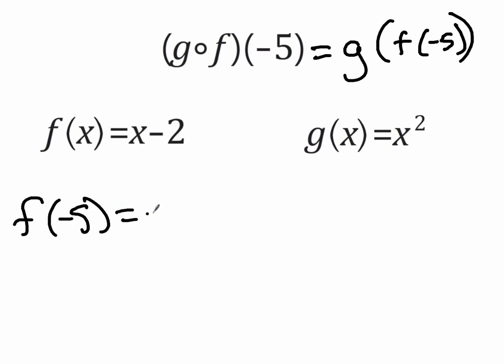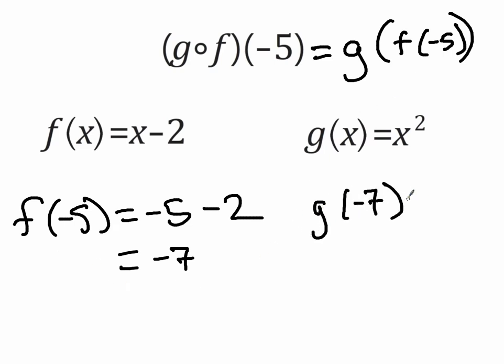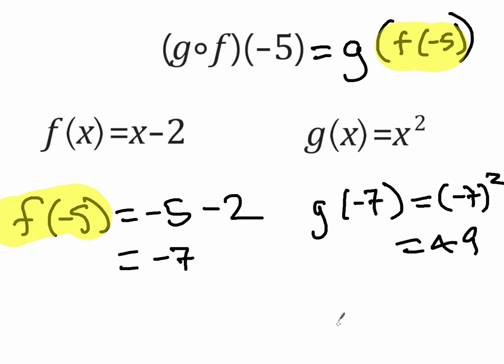Well, you take -5 in for x, and what f does is it subtracts 2 from whatever you put in, so you get -7. That's going to be our input over here now. So what's g of -7? Because again, f of -5 is right there. So I'm just substituting -7 for f of -5. G of -7, what g does is it takes its input and squares it, and that gives us 49.